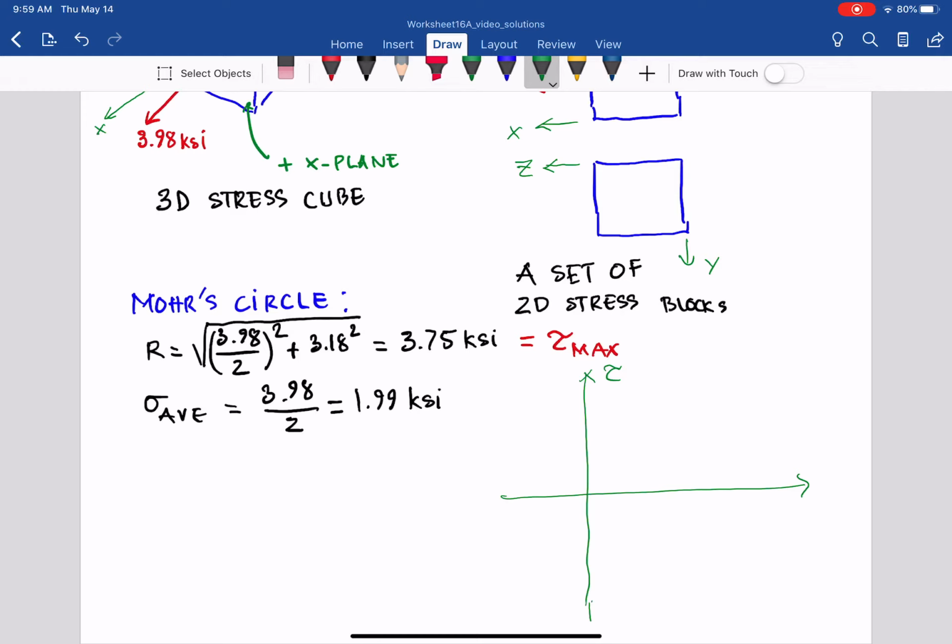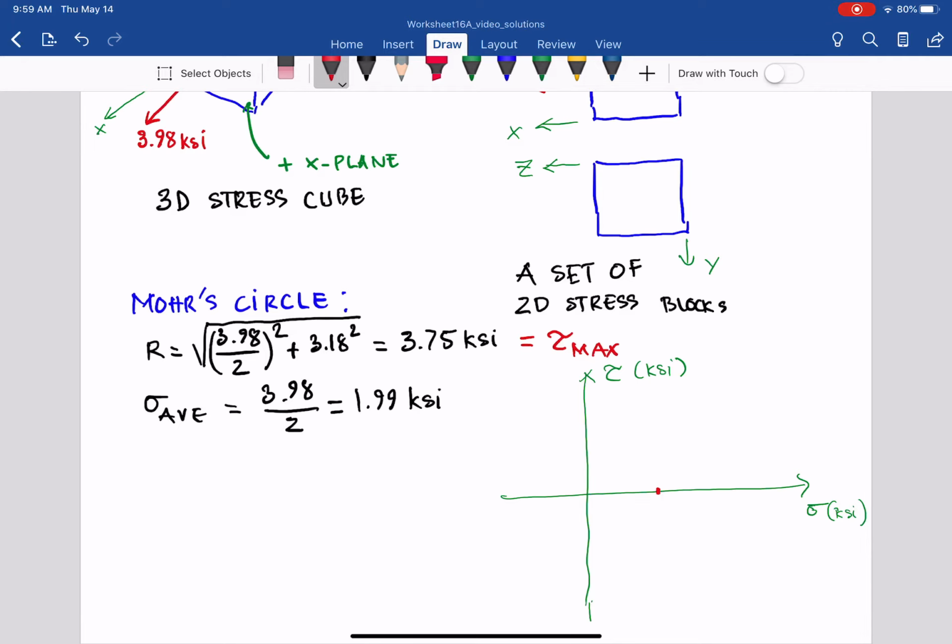So you see tau, KSI, sigma, KSI, and sigma average, that is 1.99. So let's put it at about 2, as you can see. So you have the center here.